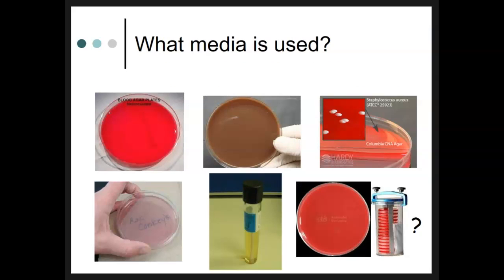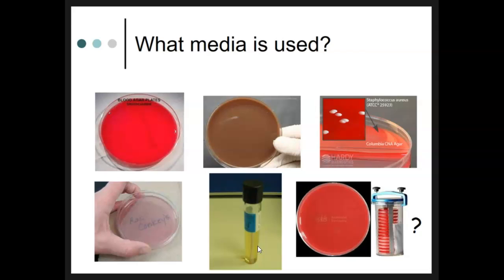We want to use the blood agar plate, the chocolate plate, a Columbia CNA agar that is selective for gram-positive organisms, a MacConkey agar that is selective for gram-negative organisms, and a thio broth that will catch everything and some anaerobes.